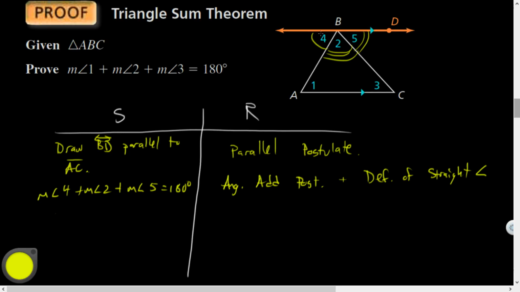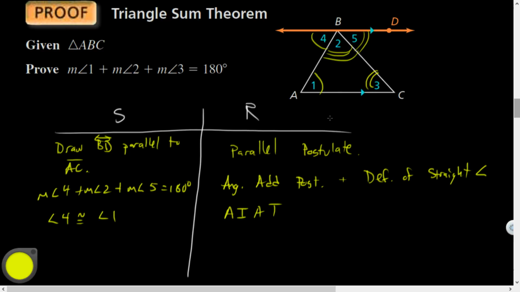What's the relationship between angle 4 and angle 1? Alternate interior angles. And by the alternate interior angles theorem, because these lines are already parallel, they will be congruent to each other.